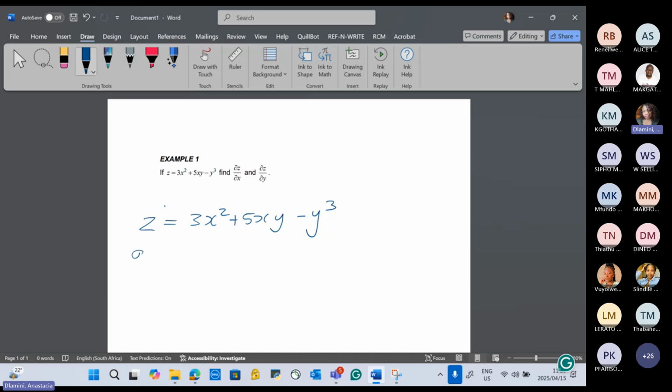So now they want us to find the partial z. Guys, make sure in the exam you write partials, because some of you are still using d for partial derivatives. So what will be the answer here?